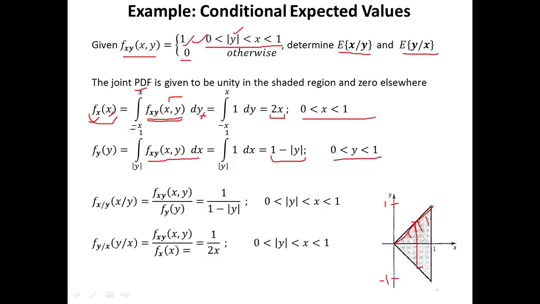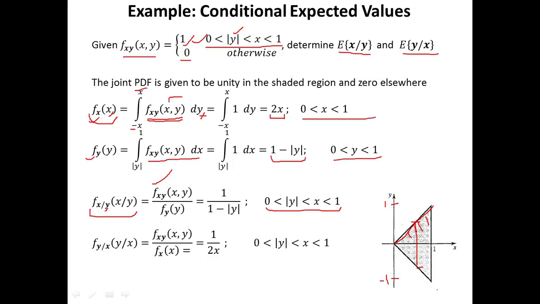These two PDFs will be utilized to first calculate the conditional density functions. The conditional density function f x by y equals the joint density function divided by the PDF of y. Since the joint density function is 1 for this range, you will get 1 by 1 minus magnitude y for this range of y and x.